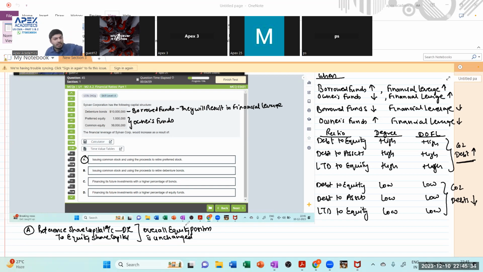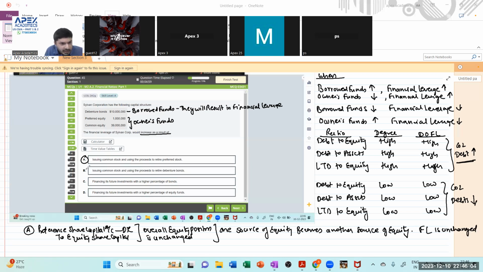So one source of equity is changing itself into another source of equity. Agreed or disagreed? So financial leverage will not increase. Your financial leverage is unchanged.